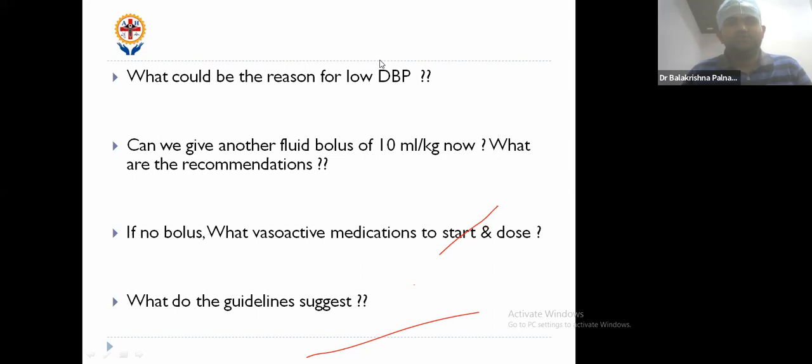It can be distributive, obstructive, hypovolemic, septic, cardiogenic. You can't identify which it is initially with this history. So what is in our hands is to see the response and see for signs of fluid overload. So for this particular child, as someone suggested, we thought we can go for starting inotropes. So if you don't want to give a bolus, what are the vasoactive medications to start?